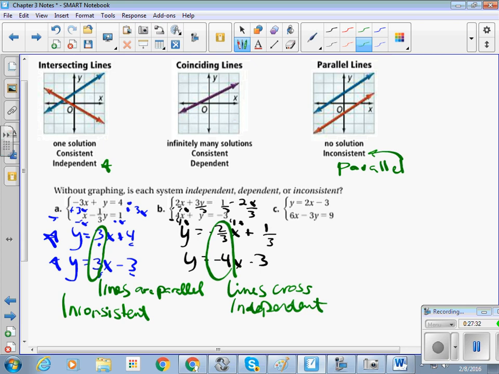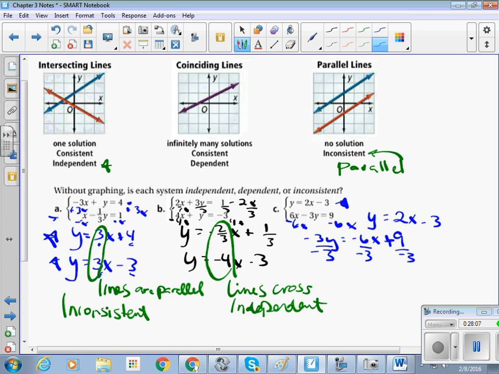All right, last but not least, let's look at this equation here. This one is already solved for y, so yay! The next one, I subtract 6x from both sides and divide by negative 3. For my second equation, I get y equals negative 6 divided by negative 3 is 2, and 9 divided by negative 3 is negative 3.